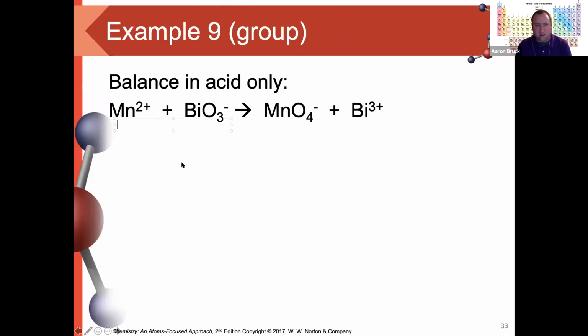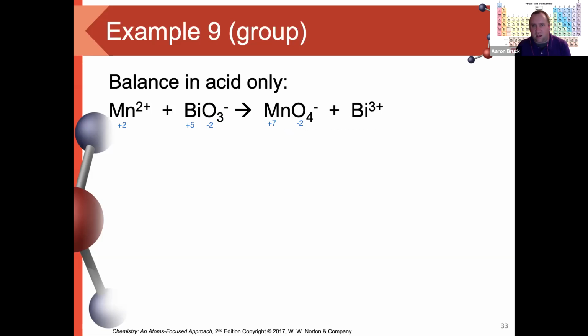So oxidation number for manganese here is +2. The oxidation number for the bismuth here is +5. And for the oxygen, it's -2. For the permanganate, manganese is +7. And oxygen is -2.